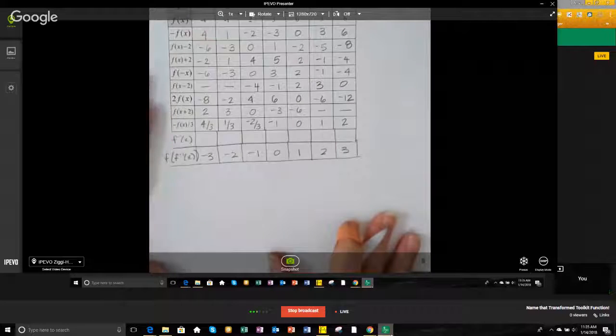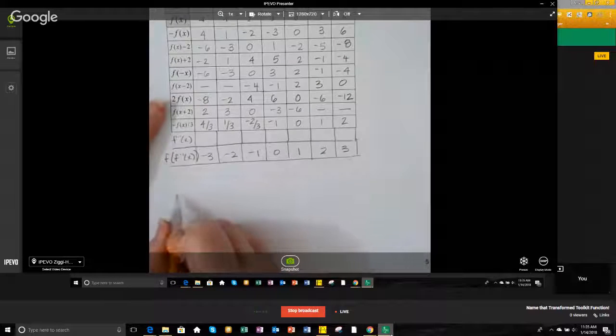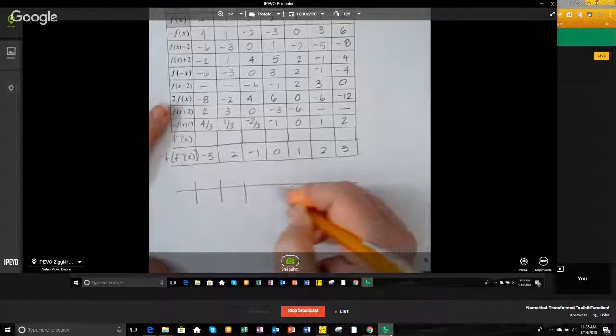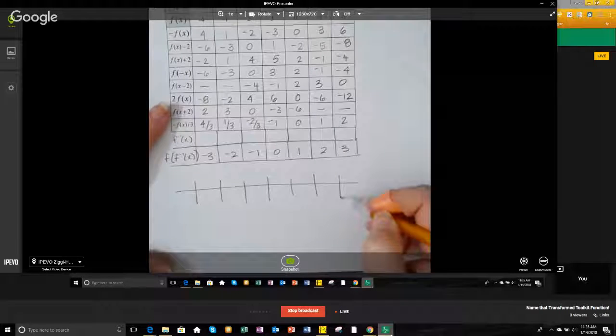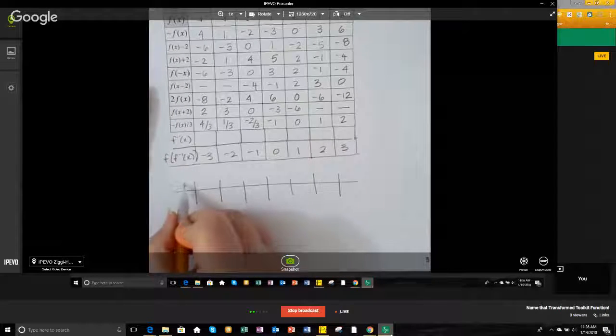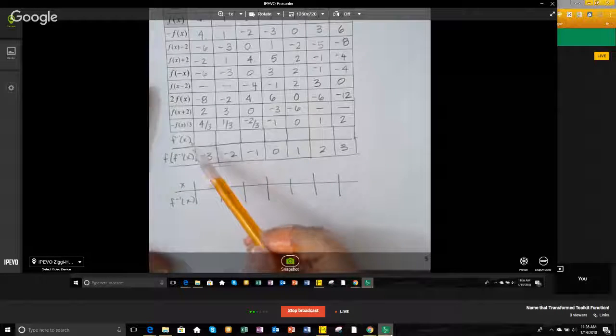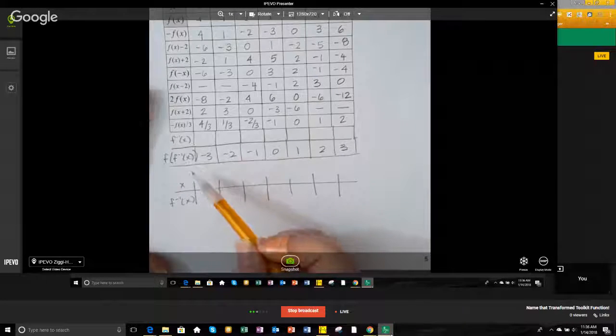And then last but not least is the inverse row. And I like to do it by creating my own little inverse chart here because it helps me. So I'm going to put x and f inverse of x. And so when we find the inverse of something, what are we doing? Well, you're switching the x and the y.